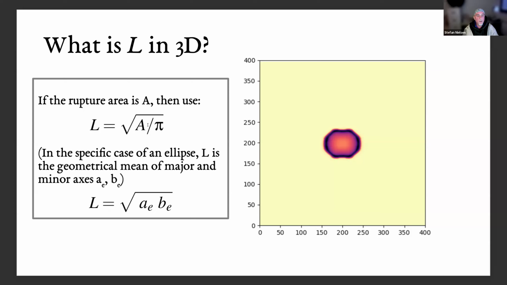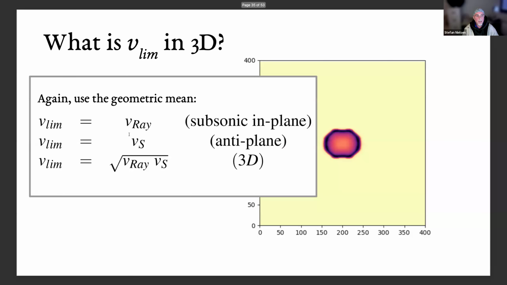So this would give the typical length of an ellipse. And more generally, if you just take the area of any shape and divide it by pi and take the square root, it would give a characteristic length. So how does that work? We'll see. The other thing we need to define in 3D is what's the limiting velocity. We know that in plane it is the Rayleigh wave, antiplane is the shear wave. Well, let's take the same approximation, because one front will be faster than the other.